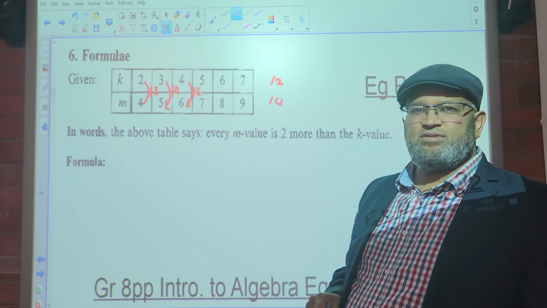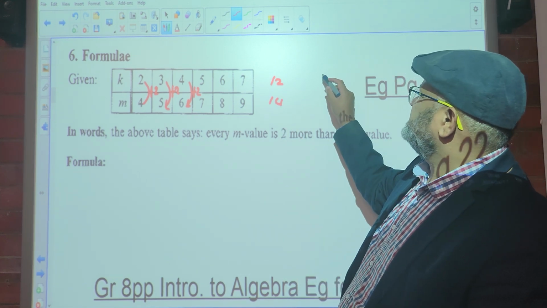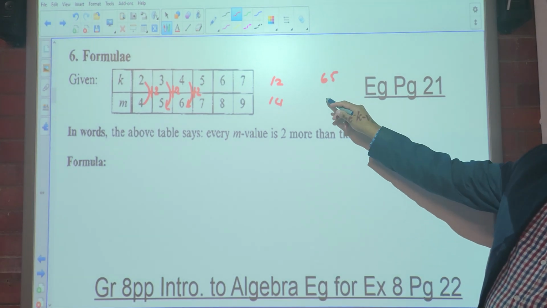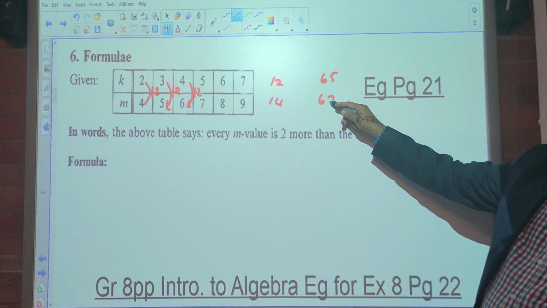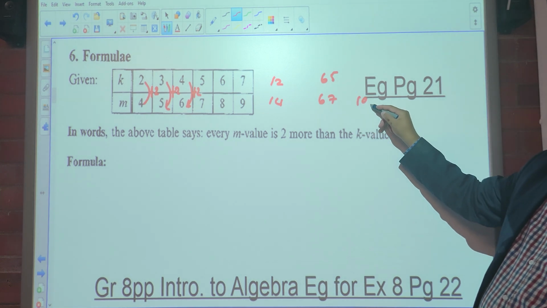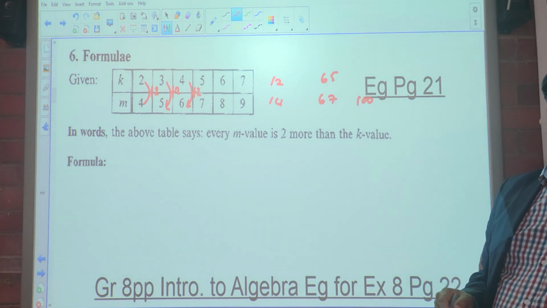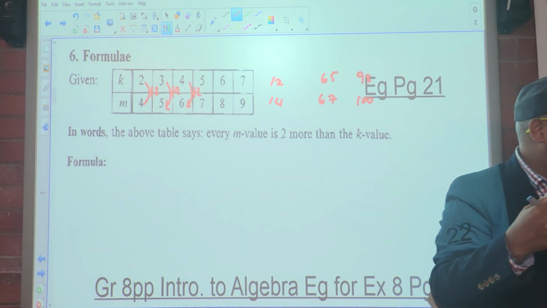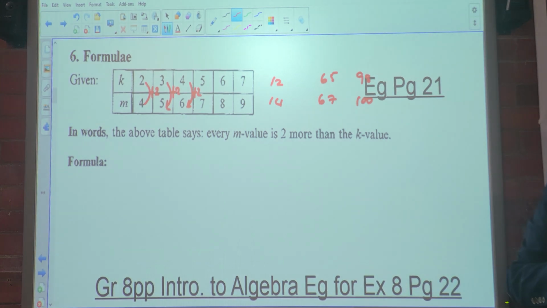Not so? If I choose 65 for k, then your m is going to be 67. If I chose m to be 100, what would k then be? 90. So of course there's a rule that is existing between the two columns and the two rows.